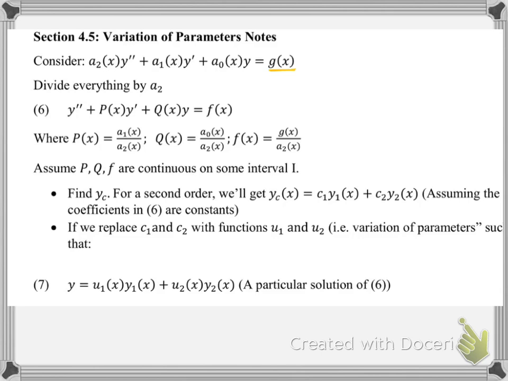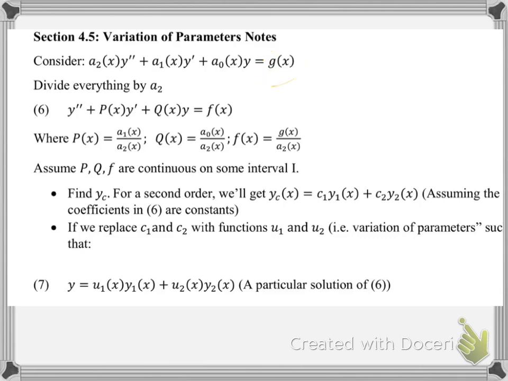So variation of parameters will always work no matter what this is. So even in those exercises you've done in 4.4, you can use this method as well. But in particular, it widens our scope because now we're able to tackle those g of x functions that might not be in our nice list that we have to follow in 4.4.